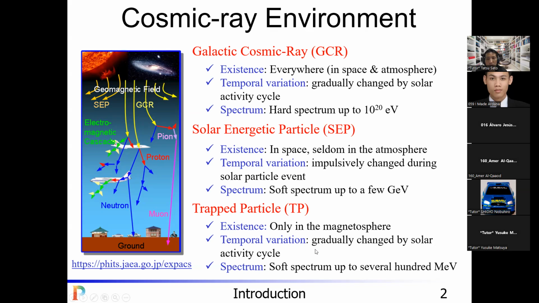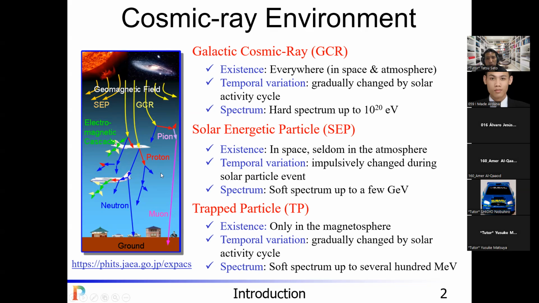All of these three types of cosmic rays can be considered in FITS as source particles. Galactic cosmic rays we can consider outside the magnetosphere, in the magnetosphere, and in the atmosphere.